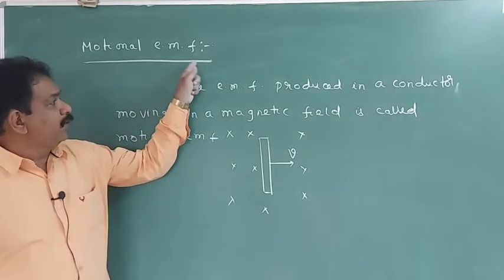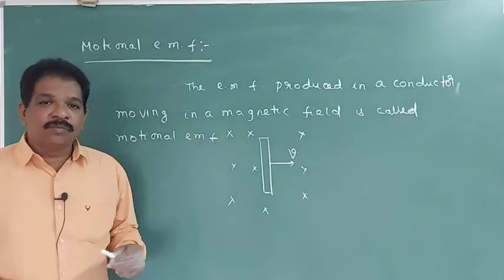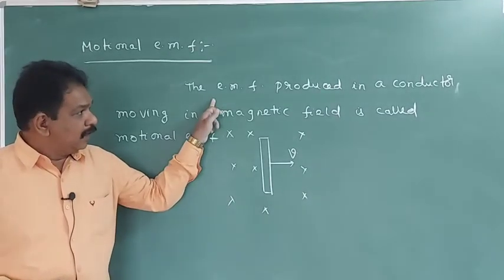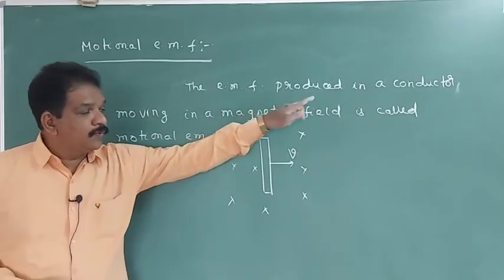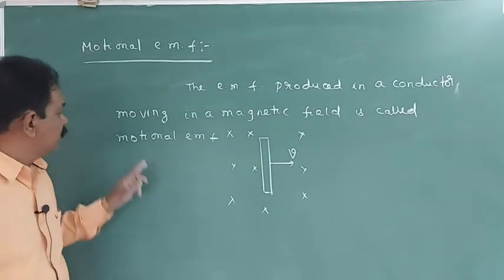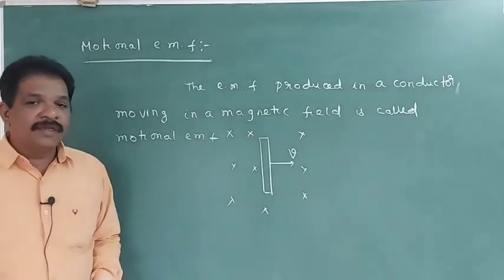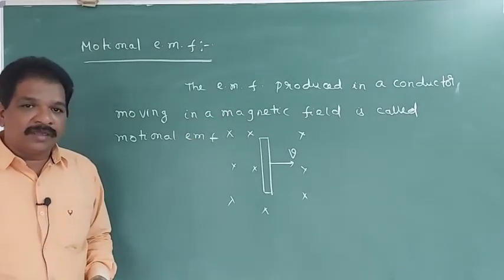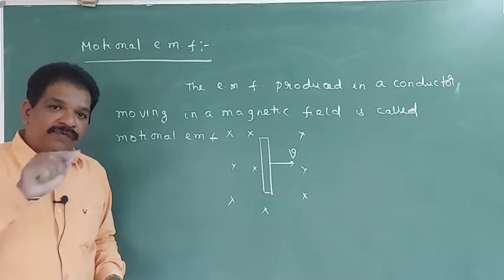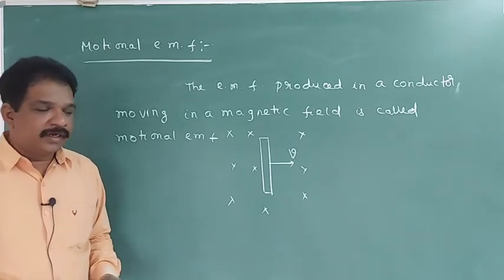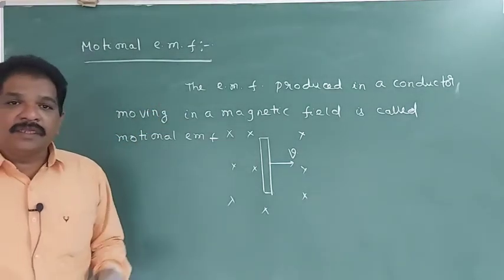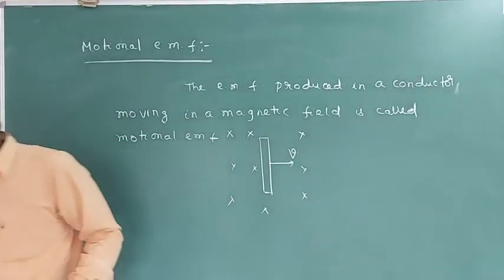That EMF will be called the motional EMF. Point is clear? When a conductor is moving in a magnetic field, EMF will be produced in that conductor. That EMF will be called the induced EMF.